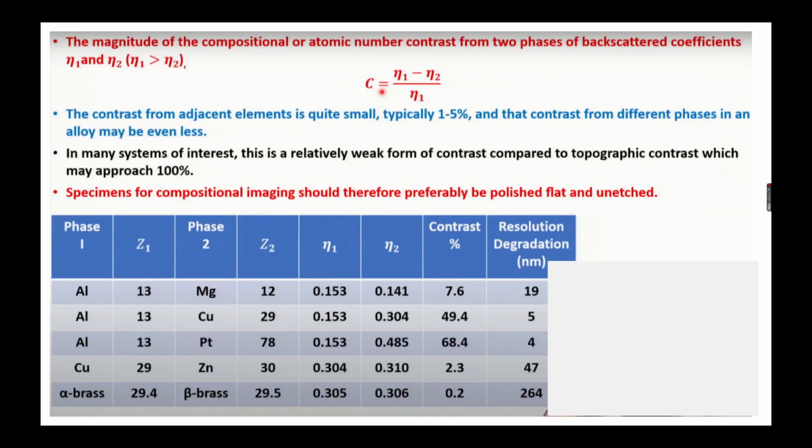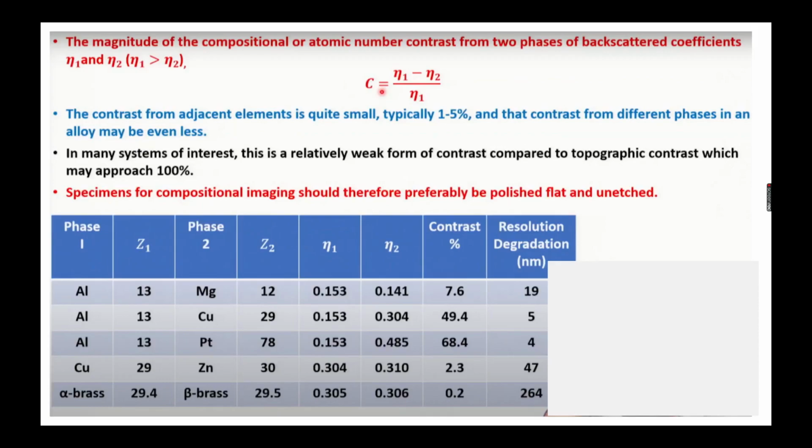So this is giving phase 1, phase 2, the atomic numbers of the two different phases, the efficiency, and the difference in contrast. So for a specimen for compositional imaging, you should preferably not etch your sample, and it should be completely flat so that you can get the compositional imaging.